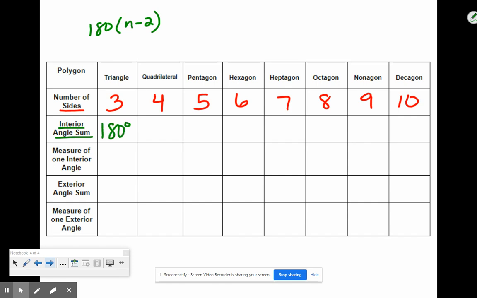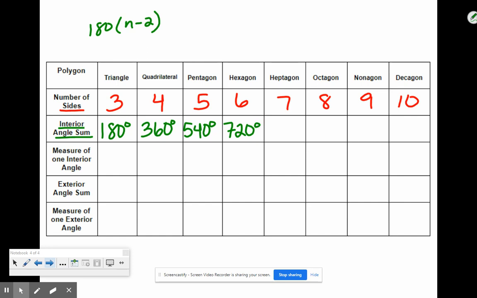Triangles always add up to 180. That was our triangle sum conjecture, if you remember from chapter 4. We have our quadrilateral sum conjecture and our Pentagon sum conjecture. We found a hexagon in the last slide.